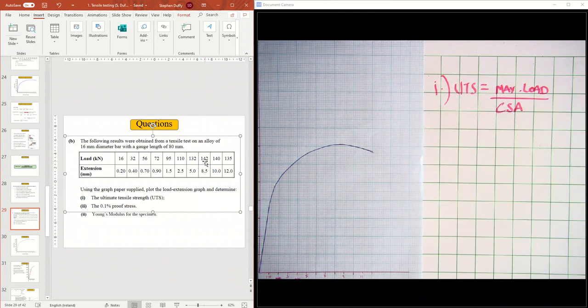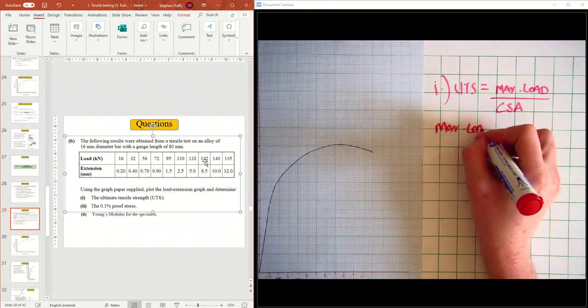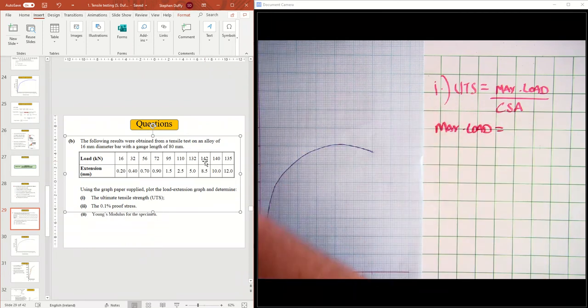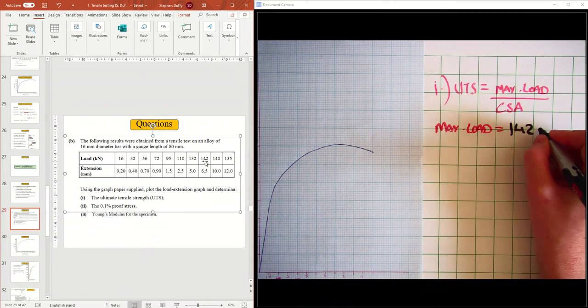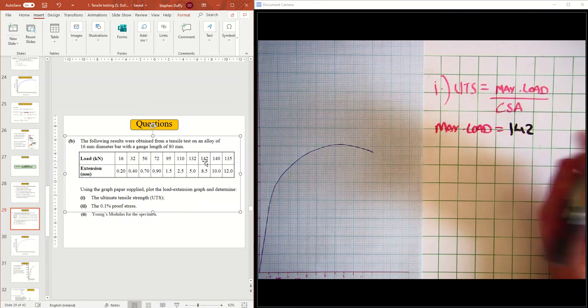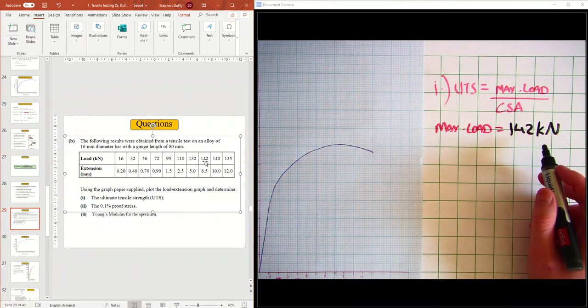The first thing we need is our max load. We already have the max load, and we know that the max load is equal to 142, and it's very important to use the units, so it's going to be kilonewtons, small k, capital N.